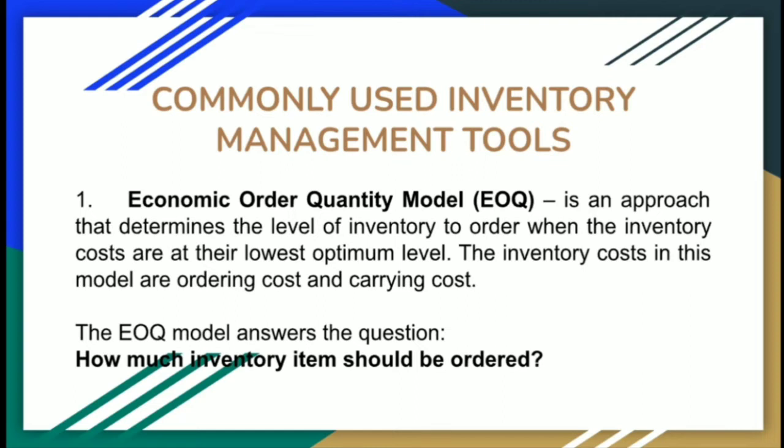So this model answers the question how much inventory items should be ordered. And the second inventory management tool answers the other question, which is when will the order be placed. So first, this EOQ answers the question how much inventory item should we order.